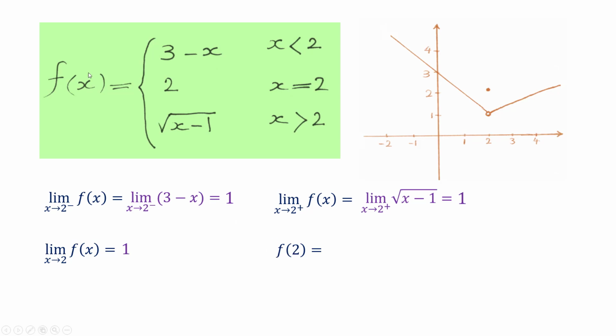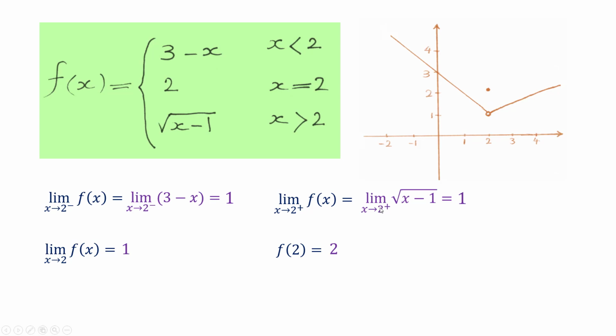From the equation of our function, when x is equal to 2, the y value of the function is also 2. So f of 2 is equal to 2. Also, we can find f of 2 from the graph of our function. When x equals 2, the corresponding y value of our function equals 2.